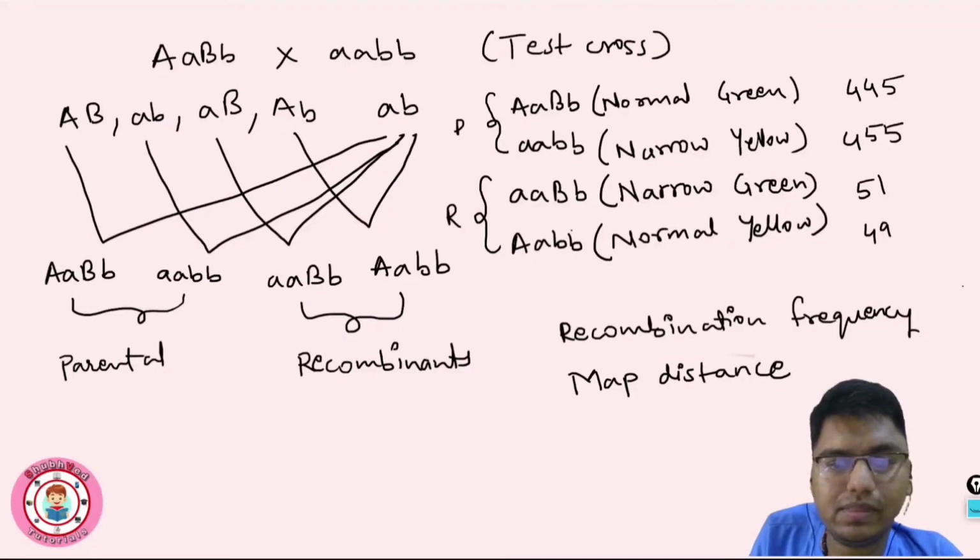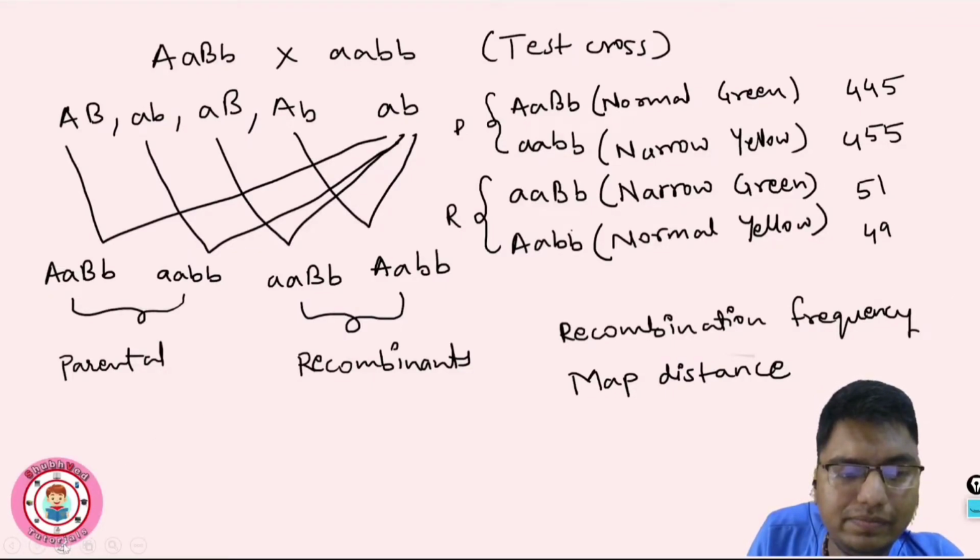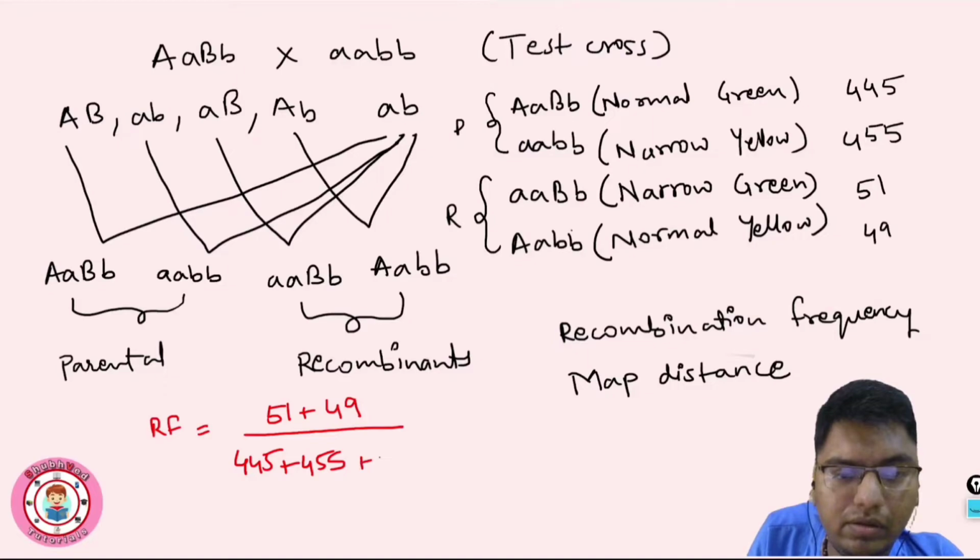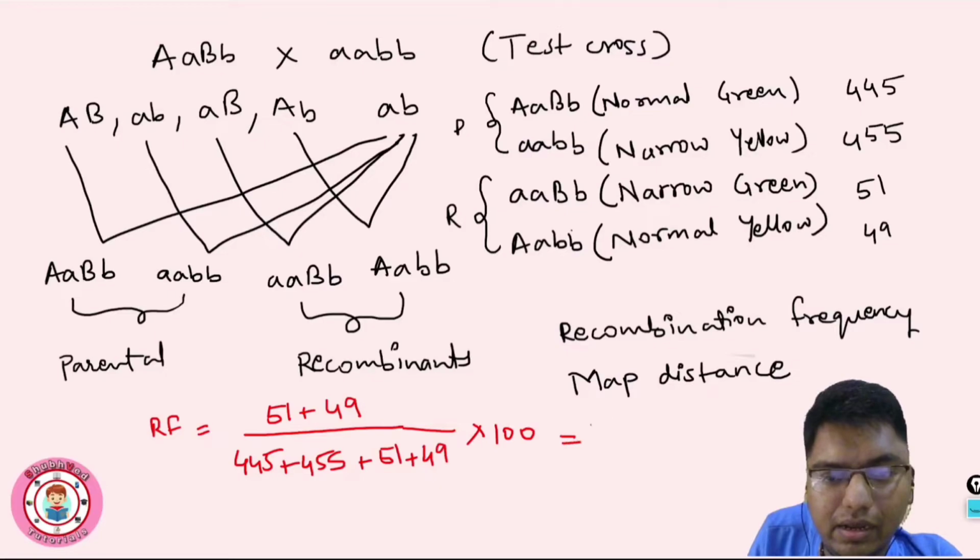So as we know, the formula for recombination frequency. What is the formula? First recombinants 51 plus 49 divided by all total offsprings into 100, right?